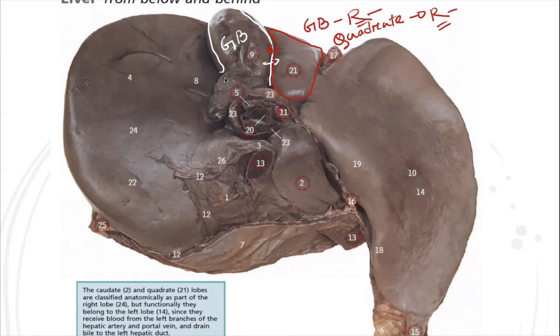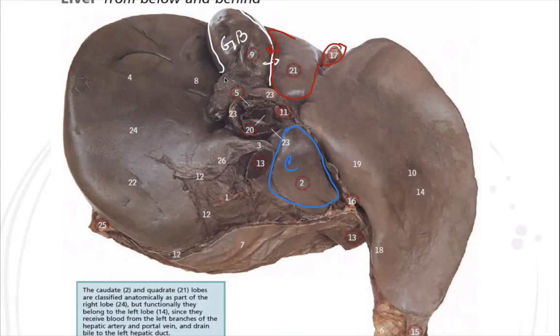So where is our quadrate lobe? This number 2 is our quadrate lobe. Next, as I mentioned, one thing is the falciform ligament. Remember? Okay, which one is our falciform ligament? As you can see, this one. You are seeing this picture from below and behind, correct?